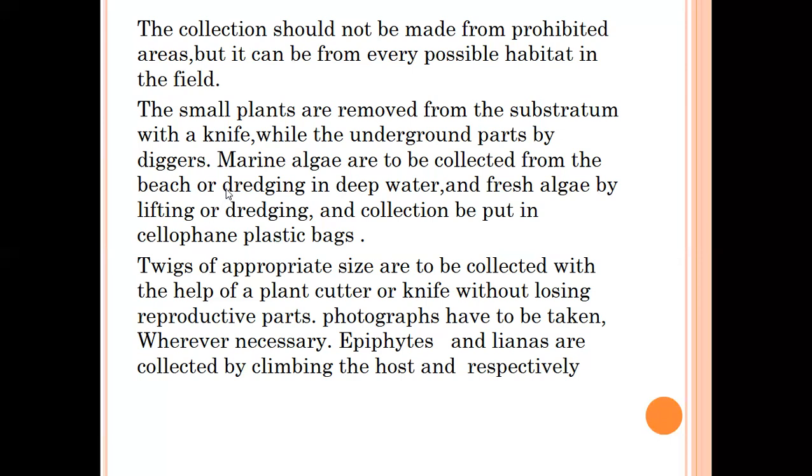Means we collected different plant parts, like aerial plant parts collected from the substratum with a knife.